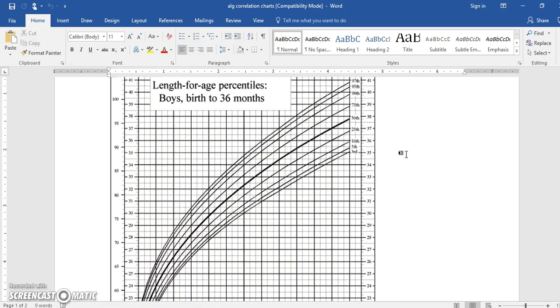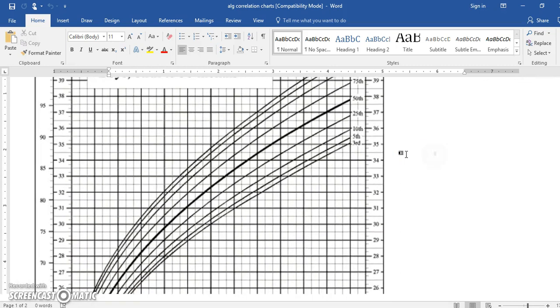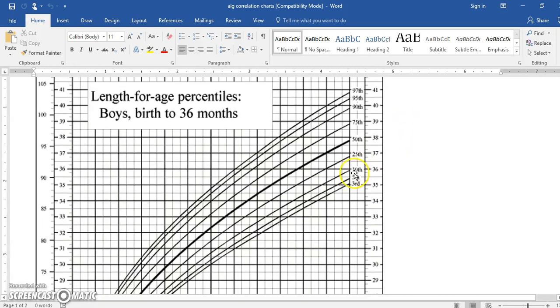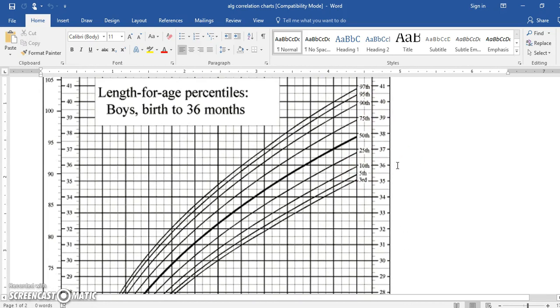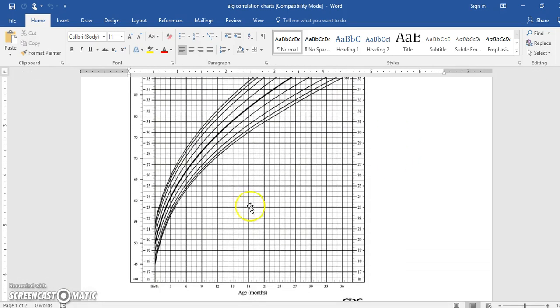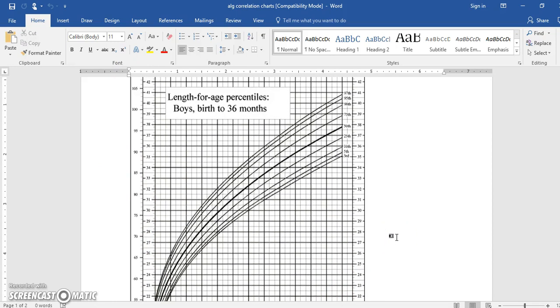This is a length for age percentiles chart, and depending on how big you were as a baby, you were either in the 50th percentile, right in the middle, in the 90th percentile, meaning you were longer than 90% of babies, or in the 10th percentile, anywhere in there. But again, if the X variable is getting larger, in this case age, and at the same time Y is getting larger, in this case the length, that is a positive correlation.